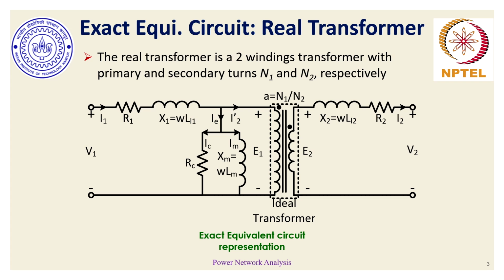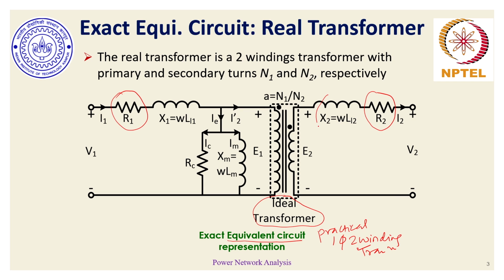So if you recollect our previous lecture's discussion, we had ended up with the exact equivalent circuit of a practical single phase two winding transformer, in which we have the ideal part represented as it is, and the non-idealities represented in terms of R2 and R1, which represent the non-zero winding resistance, indicating there would be copper loss in the windings.